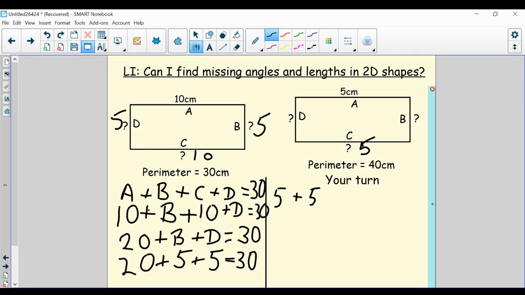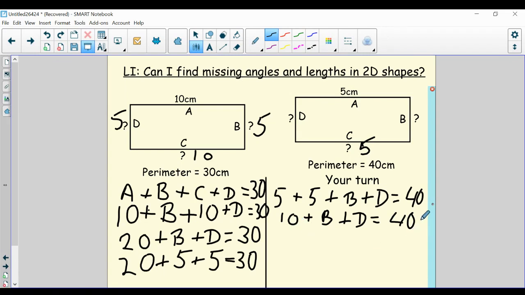We don't know yet what B and D are, but we know that in total, when we add everything together, the perimeter is 40. So I can bring the 5 and 5 together and make a 10. I still don't know yet what B is and what D is.